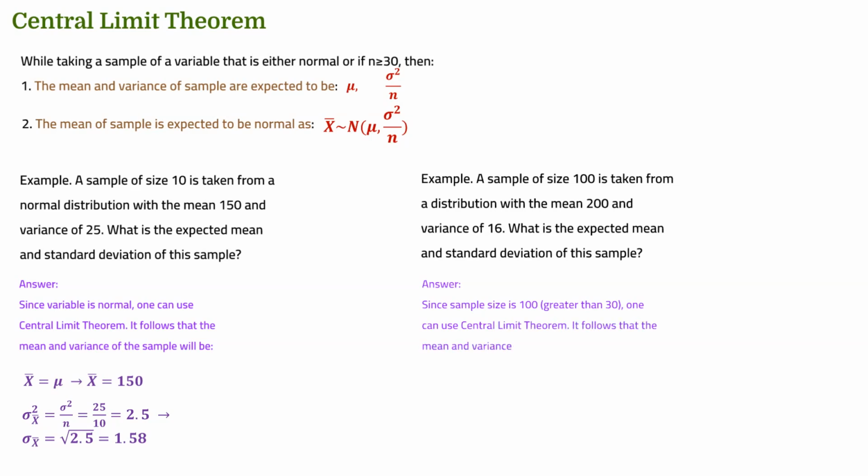It follows that X bar equals mu, that means X bar is equal to 200. Sigma squared of X bar is sigma squared divided by n, 16 divided by 100, which is 0.16. And the standard deviation will be the square root of 0.16, which is 0.4.